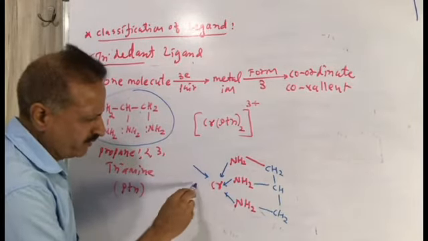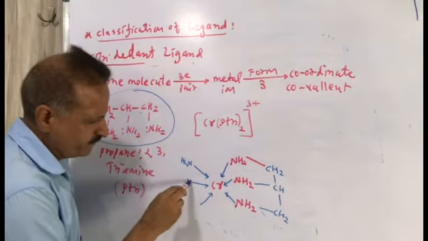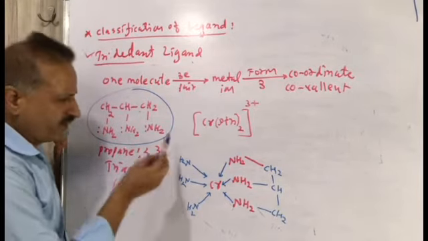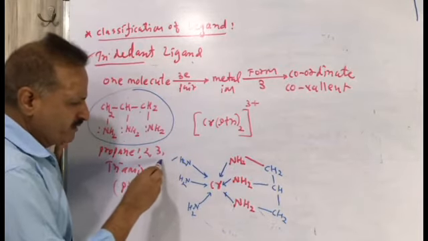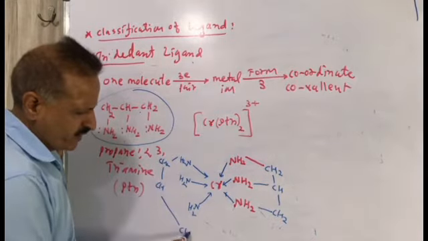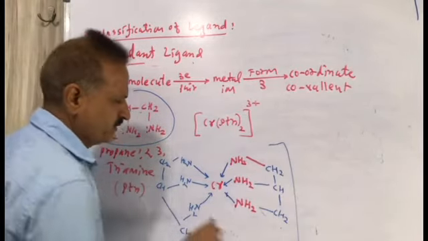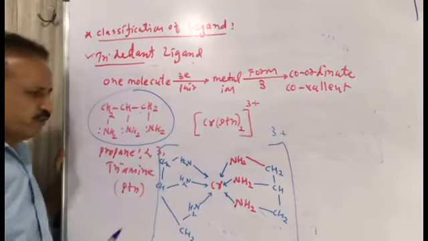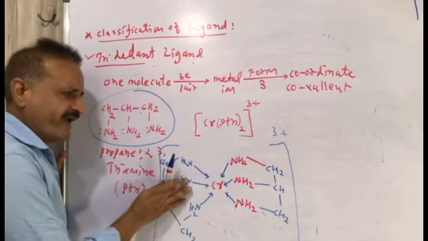Again draw 1, 2 and 3, and NH2 will be 3. Now complete the propane 1,2,3-triamine. So here will be CH2, CH, CH2 and complete the structure. Now the structure is ready, and here will be 3 plus. So one molecule will donate 3 electron pairs. So it is a tridentate ligand.